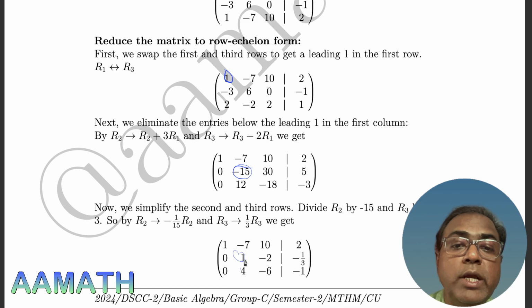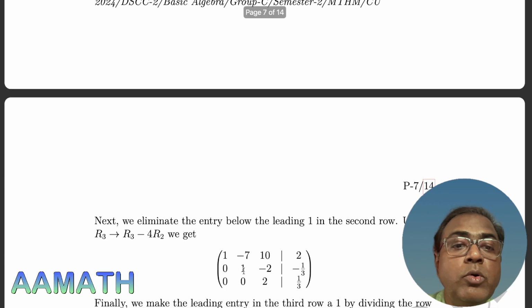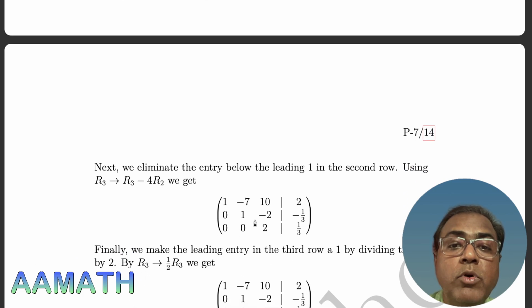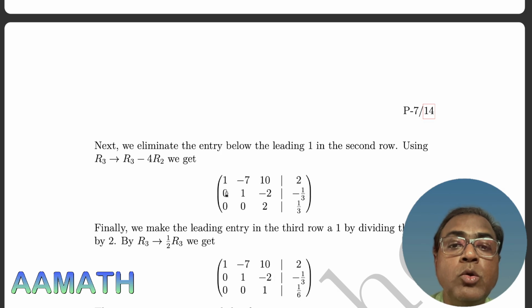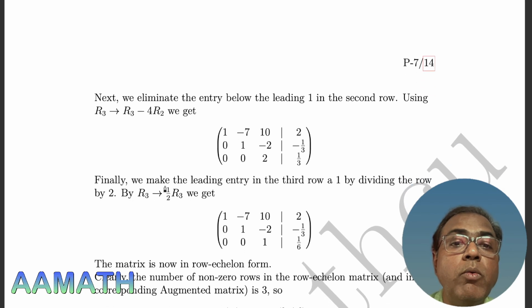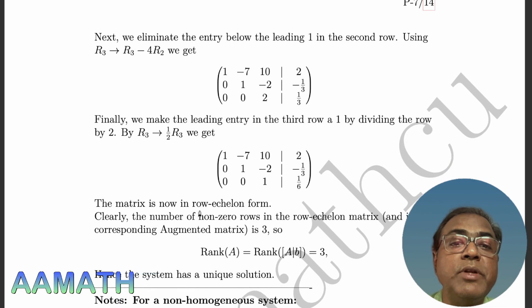We want to get 0 in this position 4, so the operation is R3 equal to R3 minus 4 R2, and this position is 0. For this 2, we want to make this position 1, so by dividing the third row by 2, R3 equal to 1 by 2 R3. So we get this matrix, and this matrix is the row reduced echelon form.